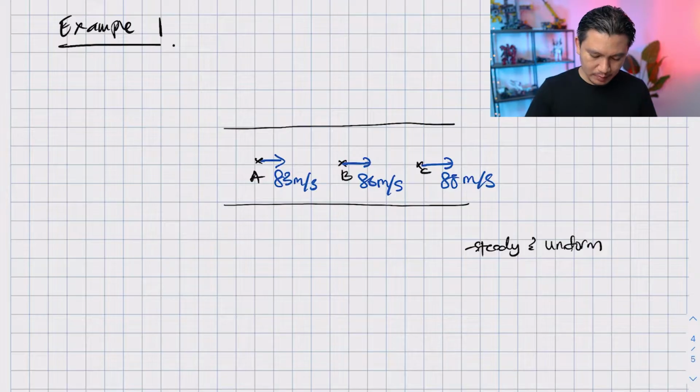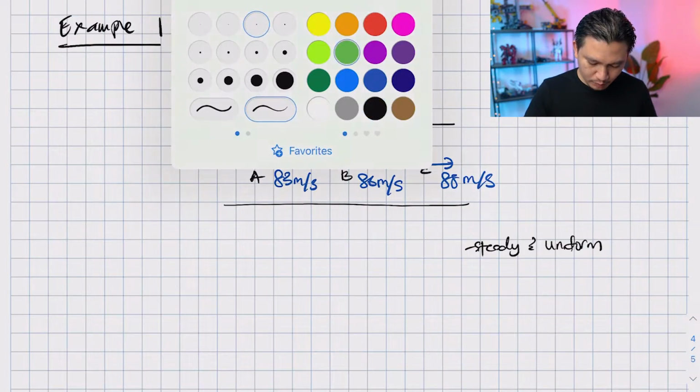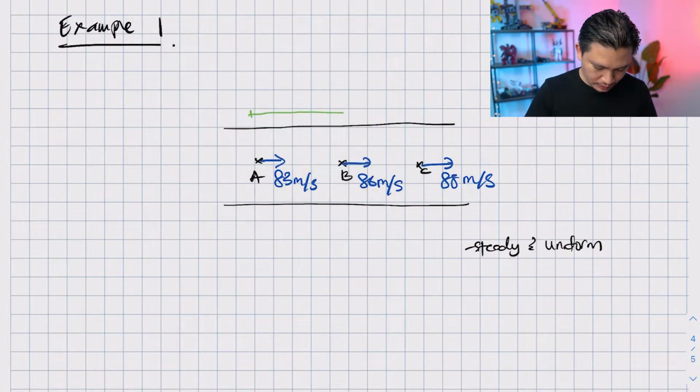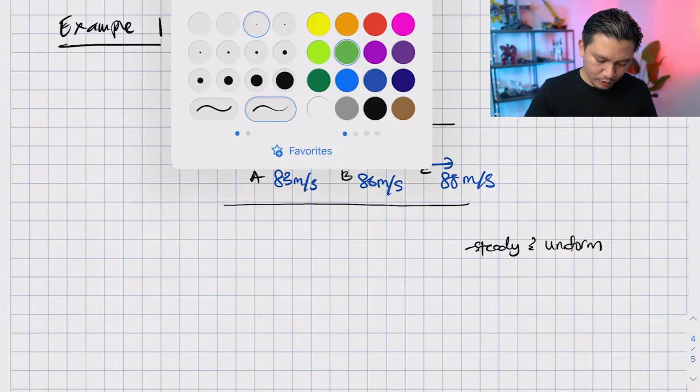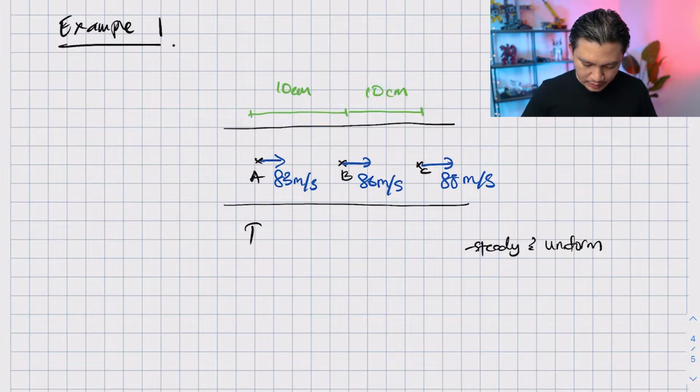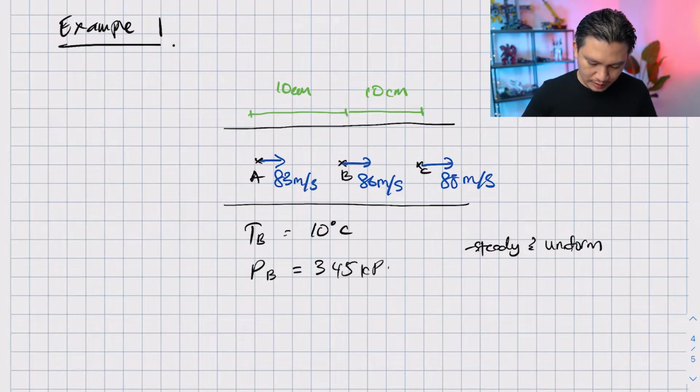Now back to our example, the distance between point A and point B is 10 centimeter. And likewise, the distance between point B and point C is also 10 centimeter. It is given that at point B, the temperature is 10 degrees Celsius and the pressure at point B is 345 kilopascal.